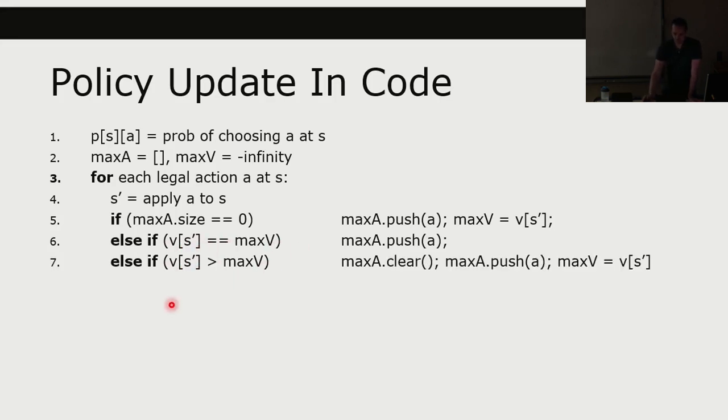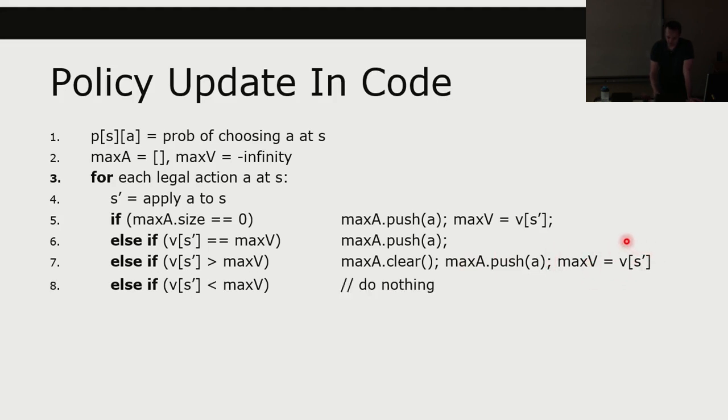The next case is where I have a new maximum. So the value of this one is bigger than anything that I've done so far. In that case, I want to clear out my maximum actions, right, because I have a new maximum. Then I am going to insert this new maximum. So I have an array containing just this maximum, and I have a new maximum, so I have to set the max value.